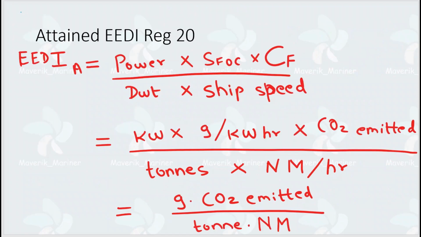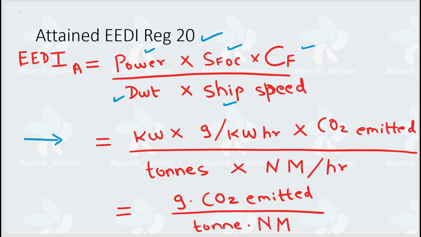Now, let us see the calculations for EEDI attained. This will fall under Regulation 20, Annex 6, Chapter 4. Here, you can see attained EEDI, that is EEDI A, is equal to power multiplied by SFOC multiplied by carbon factor, divided by deadweight of the ship multiplied by ship speed. I have written the units over here.